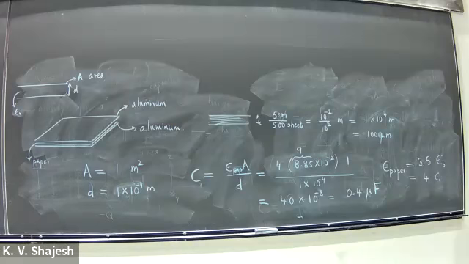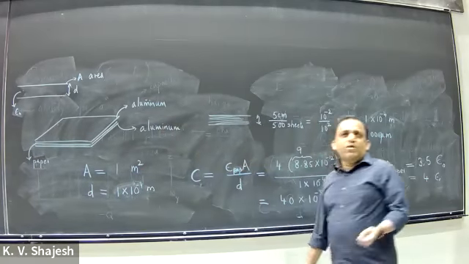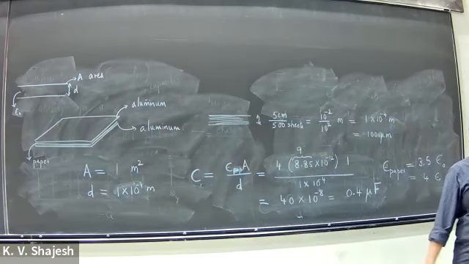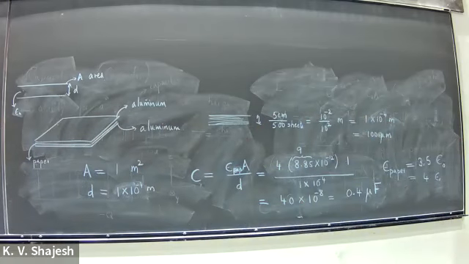We have talked about how much charge is stored, but immediately you ask how much energy is stored in there, right? That's often more important. Energy decides how long a device will run. So you want to talk about how much energy is stored inside a capacitor.